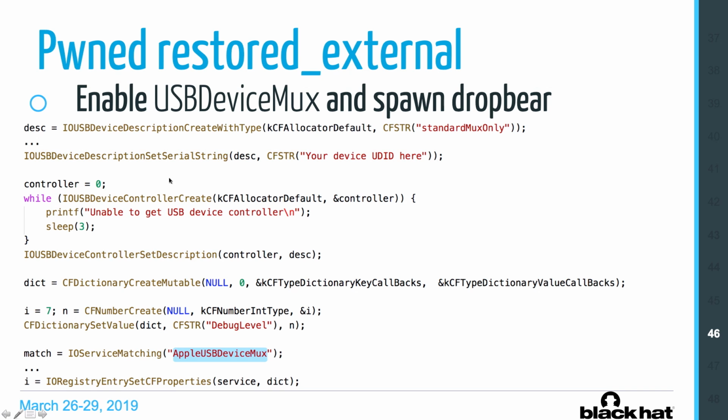The idea is to calculate the UDID of the device and set it as a serial per USB device description. Finally, create the USB device controller and set the debug level in one of the services at 7. I don't want to really focus on it because there is a source available and there is a link at the end of the presentation if you want to know really how it works. The idea is to set up USB and spawn the dropbear, the SSH station.